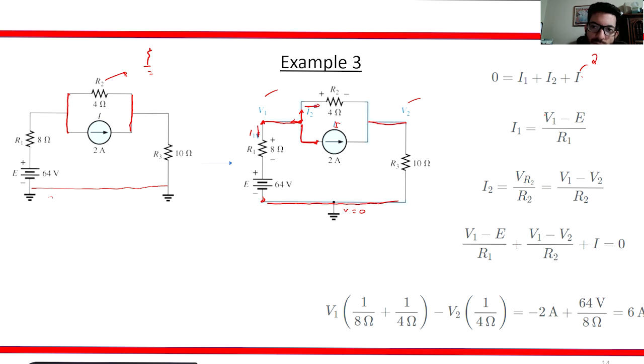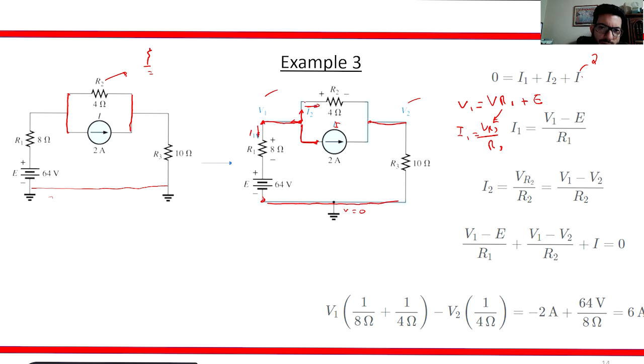So I1 is V1 minus the voltage source divided by R1, because remember that V1 equals the voltage drop plus E. Here I1 is equal to the voltage drop across resistor 1 divided by R1, so we're just plugging in this equation. For I2, it's going to be something similar: voltage 2 divided by R2.